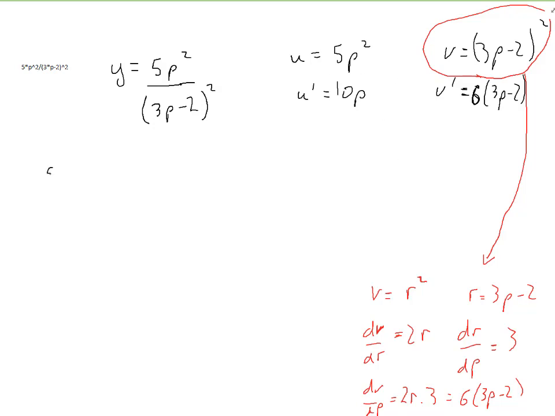So we can say that y dash is equal to this times this, so 10p times that, this differentiated times that staying the same, minus this staying the same, times this differentiated.